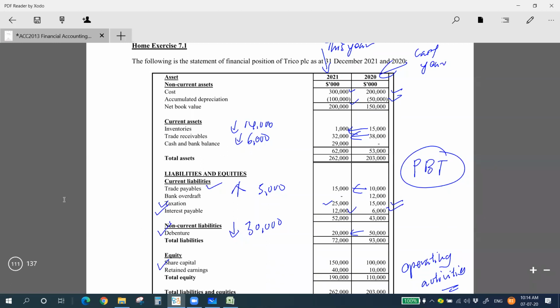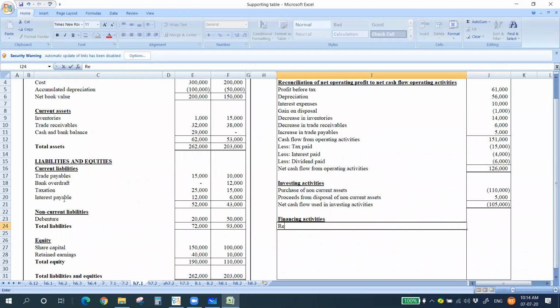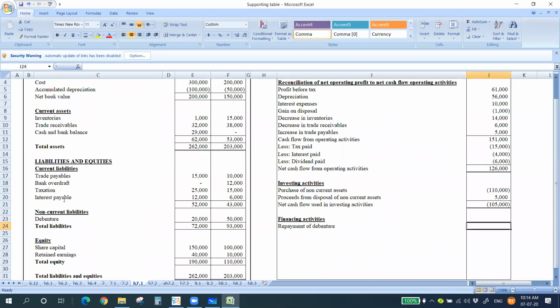So it's a repayment, right? So repayment of debenture. The amount is 30,000. When you repay your debenture, this should be a negative amount because your cash in the company will reduce. Right?